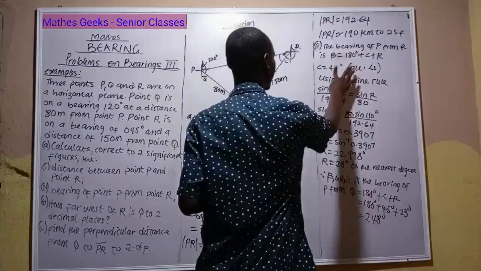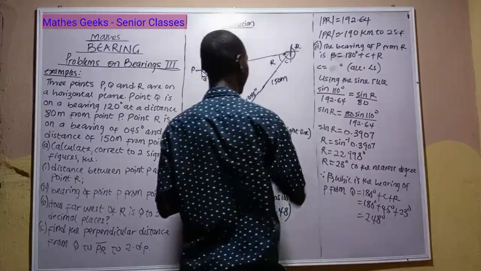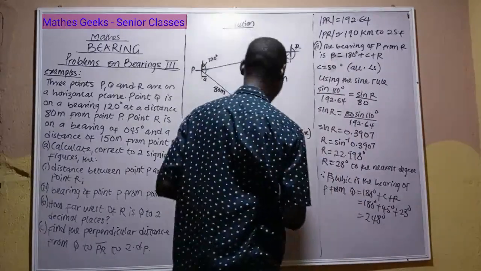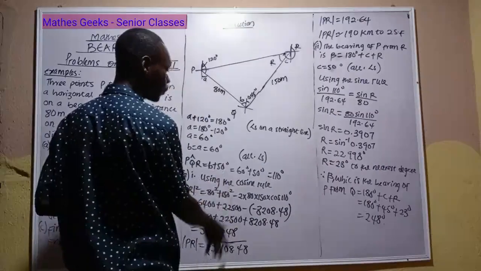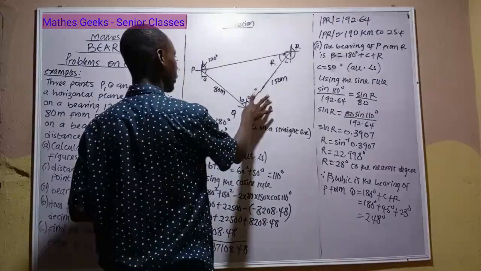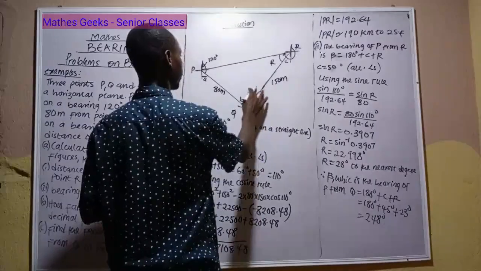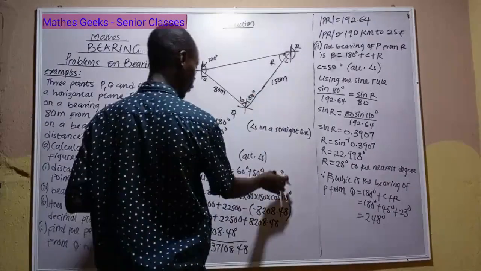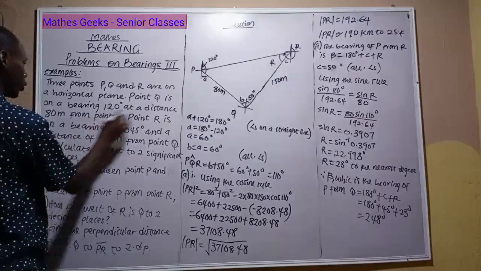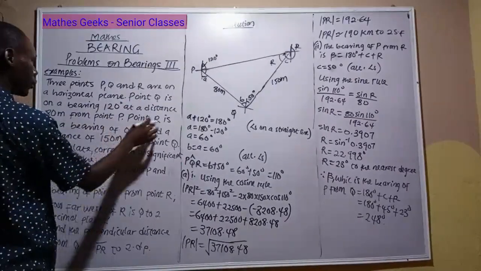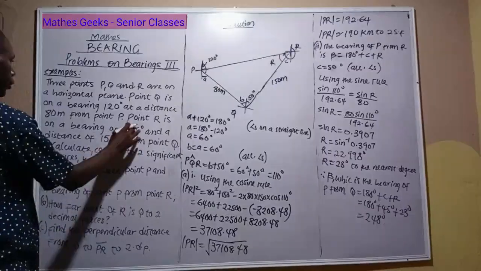I'm going to change it to 50, since I've already used 50 here. Please pardon me. I'm changing this to 50 degrees, because 60 plus 50 gives me 110. So I'm also changing it here.